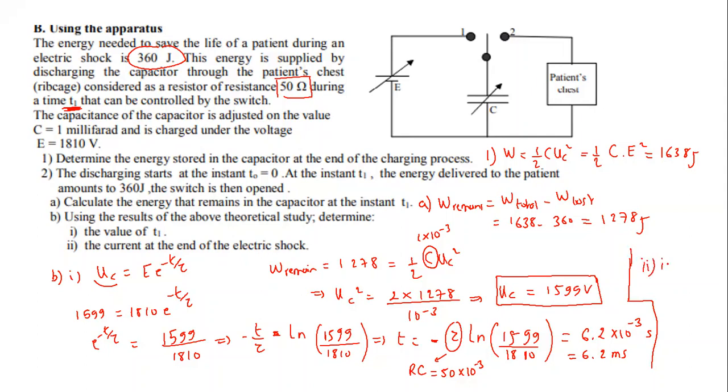We have I equal to E over R, e to the power minus t over tau. We substitute the T we found, 6.2, which gives 1810 over 50, e to the power minus 6.2 over 50. Then we get the answer, which is equal to 32 ampere.